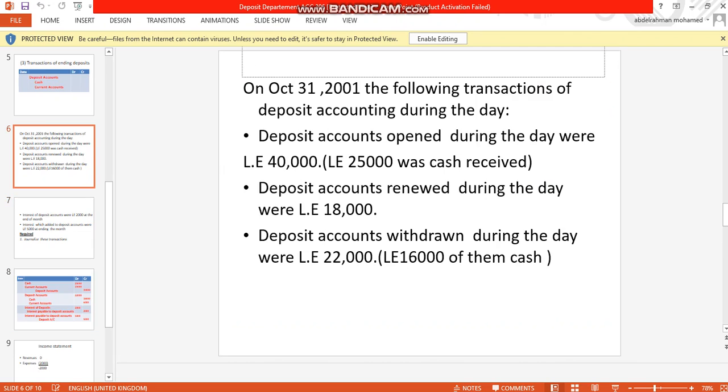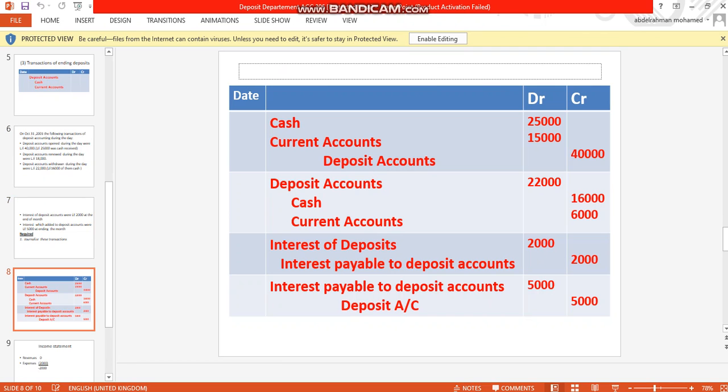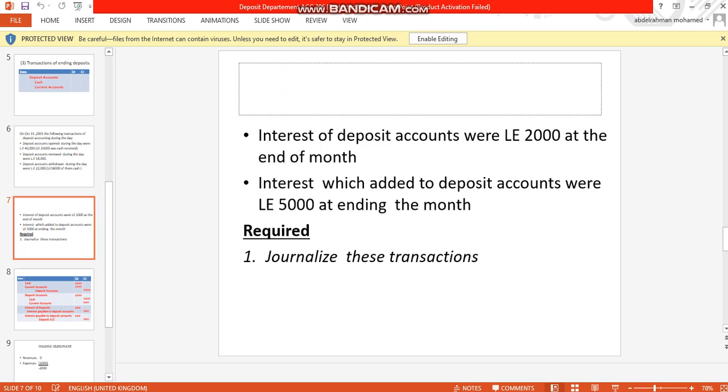Okay. The second transaction says deposit accounts renewed during the day. No journal is made in this transaction because there is nothing paid or received from the bank. So no transaction.